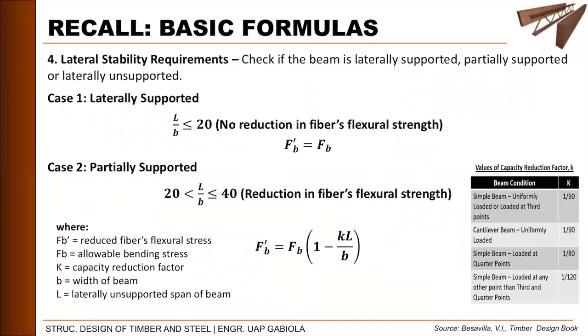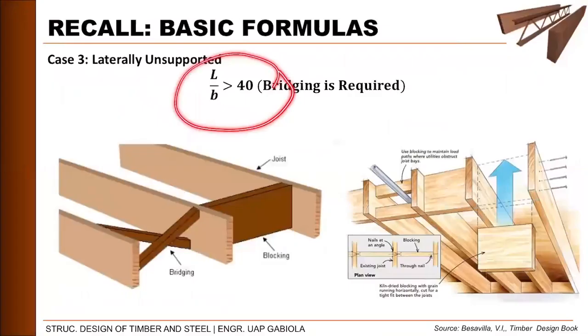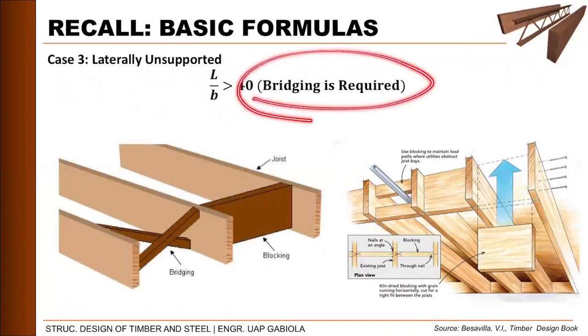So ang kino-compare natin siya is sa 20 at 40. Greater than 20 siya, so hindi siya case 1. Hindi siya in between ng 20 at 40, so hindi siya case 2. So ang mangyayari sa kanya, greater than 40, so siya ay case 3. O ibig sabihin, laterally unsupported tayo, meaning kailangan natin maglagay ng bridging sa kanya.